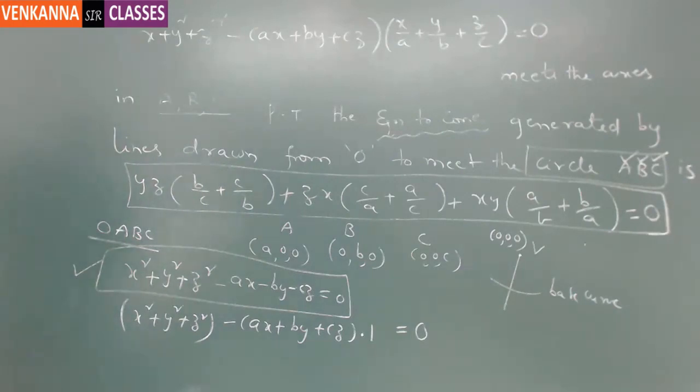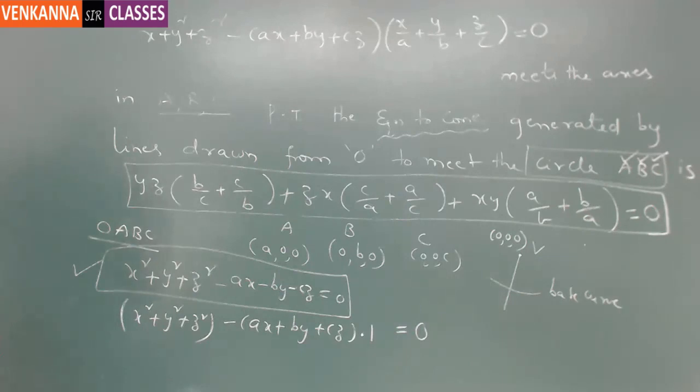Any doubts? So always a homogeneous equation in n variables represents a cone with vertex at the origin. Please understand, that is why we are making it homogeneous. Homogeneous is nothing but each term having equal degree.